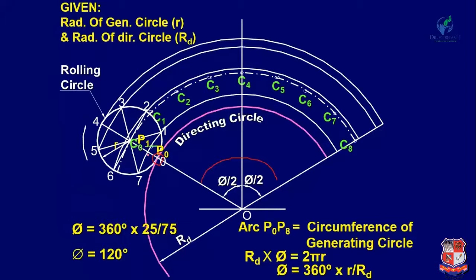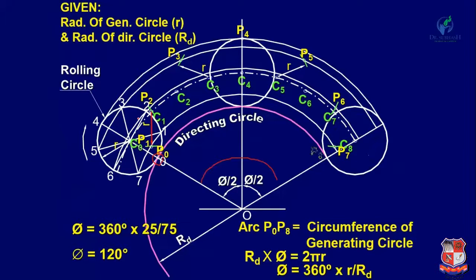Similarly, with C2 as a center, you will get point P2 here. Similarly, points P3, P4, P5, P6, P7 and P8.